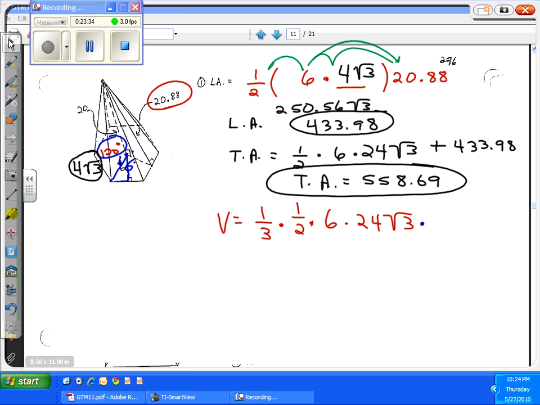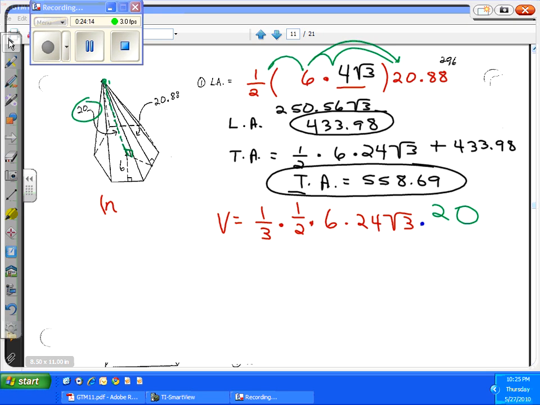But it's times the height of the prism, or the height of the pyramid rather than the slant height. And it's telling us here, and I'll just erase so you can see it, that the height of the pyramid is 20. So the volume of a pyramid is 1/3 of what it would have been had it been a prism. Had it been a prism, it would have been 1/2 apothem times perimeter, which is the area of the bottom, times the height, 20.